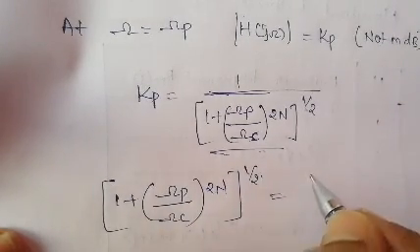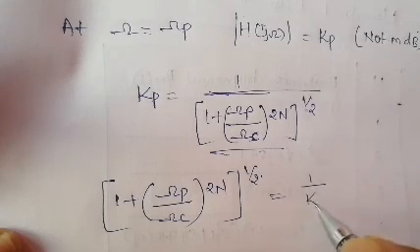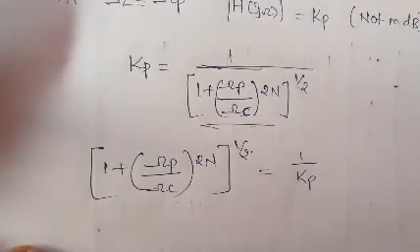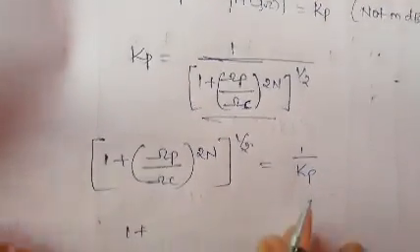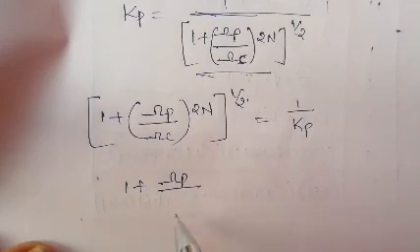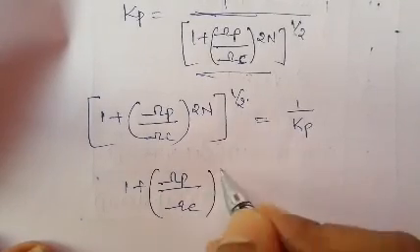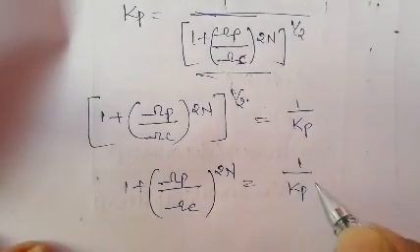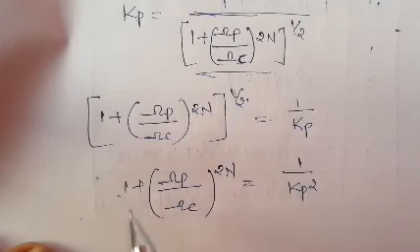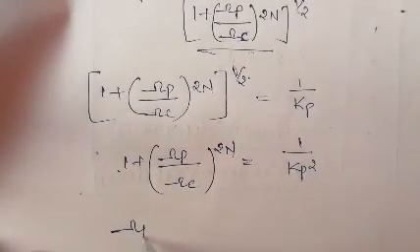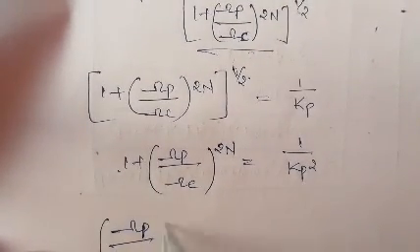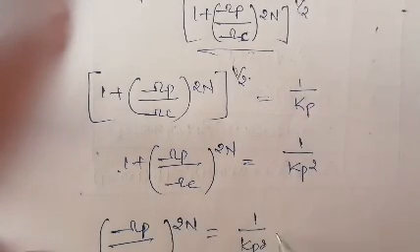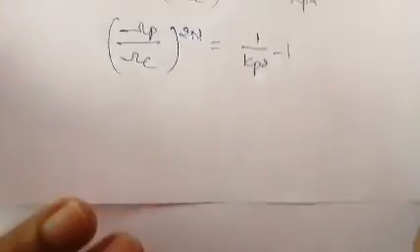I will rearrange the terms. I take this term to the LHS side: (1 plus (omega p divided by omega c) to the power 2n) whole power 1 by 2 is equal to 1 by Kp. If I take the square on both sides, 1 plus (omega p divided by omega c) to the power 2n, the 1 by 2 power cancels, equals 1 by Kp squared. Next step, I take this 1 to the other side, then (omega p divided by omega c) whole to the power 2n is equal to 1 by Kp squared minus 1. This is equation 1.